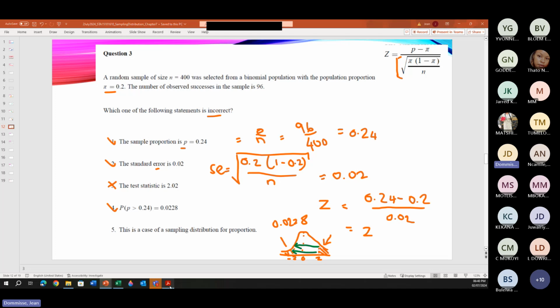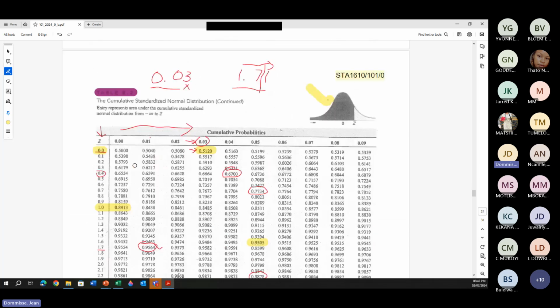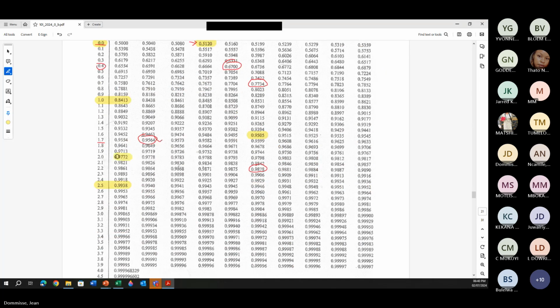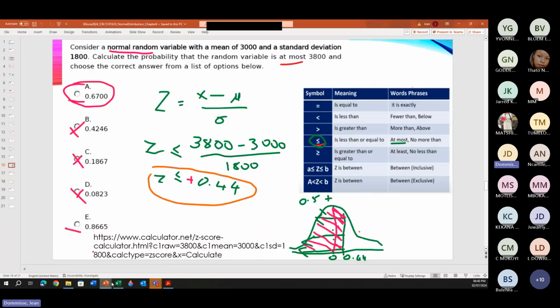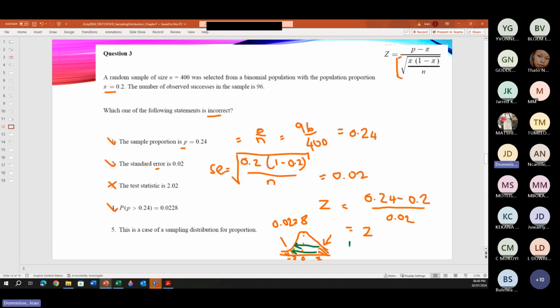So if we do that, +2, so 1 minus 0.9772 will also give you the 0.0228. Okay, so again, you can use different tables to get to that area.